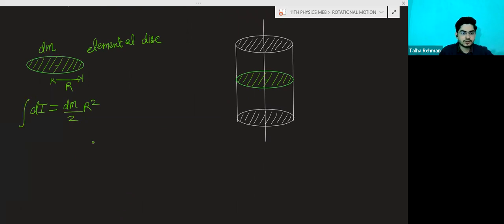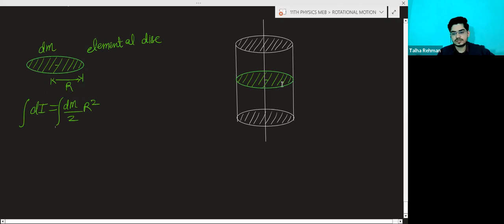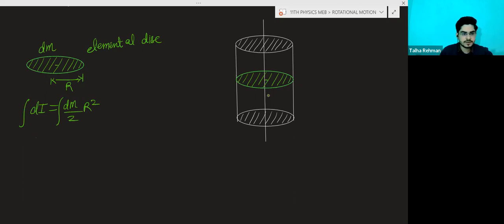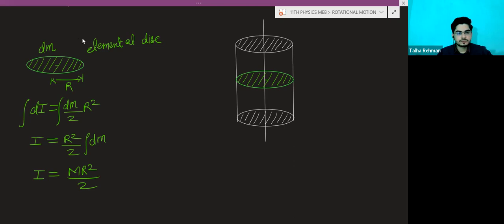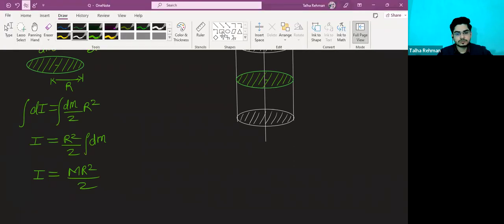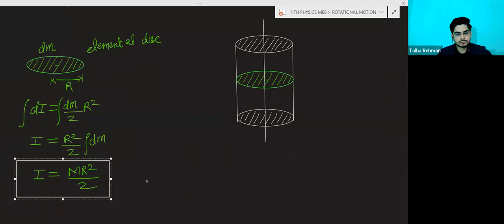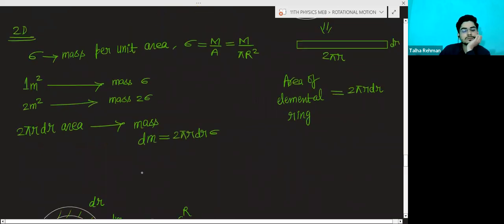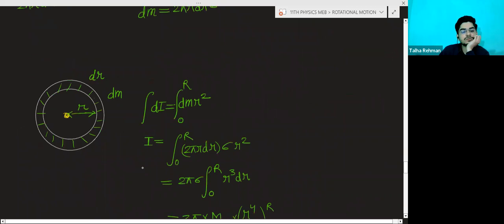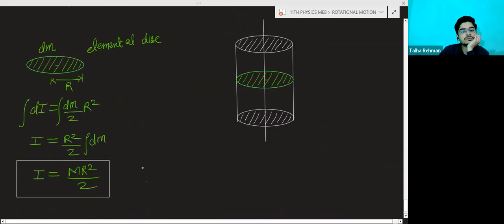So we will do the integration to find the total moment of inertia of this cylinder about this axis. So it will become I, and r square by 2 is constant. Again it is dm, so integration of dm will be the total mass of the cylinder. So you will get mr square by 2.